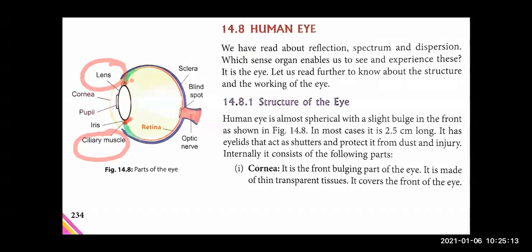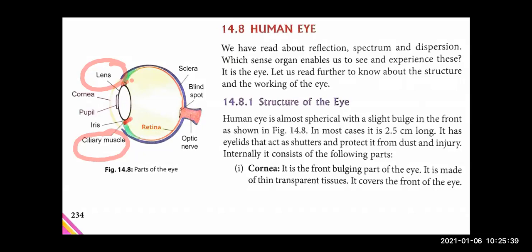But just let me tell you what the ciliary muscles do. Ciliary muscles, they can contract, right? For example, just imagine you are having that smiley yellow color sponge ball between your two fingers, right? Now you are compressing it. As you compress that smiley ball, you will see that the ball becomes thick. So same thing happens over here.